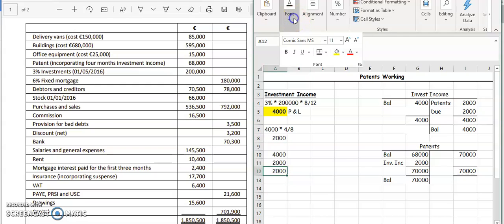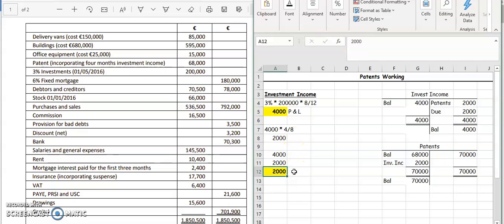So that 2,000 will go into your balance sheet as a current asset. So that figure is your investment income due as a current asset. Now we have to get rid of this 2,000 from our patents.